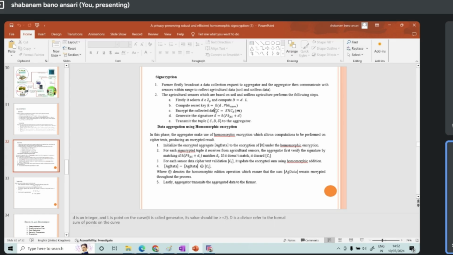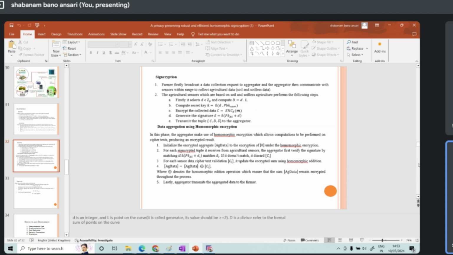Here the key is k equal to h of D dot pbk user, meaning the farmer's public key dot D. At the receiver side, the farmer has his private key, the farmer has L, the farmer has D. So what does the farmer do? The farmer substitutes capital D with D dot L dot PK user.